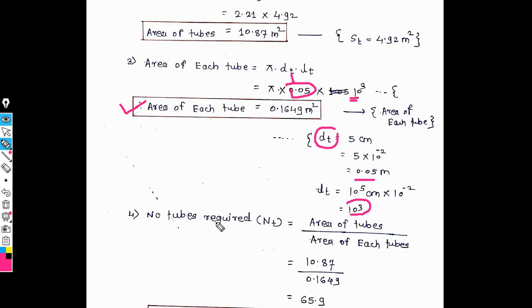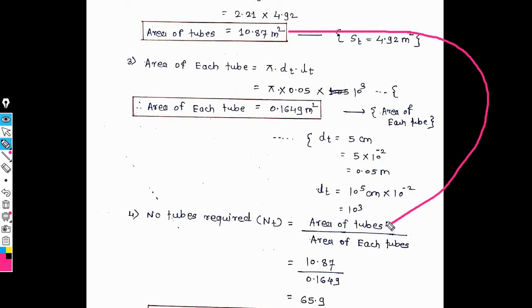Then calculate the number of tubes. The number of tubes required, Nt, is equal to the area of tubes upon the area of each tube. The area of tubes is 10.87 meter square, put here, and the area of each tube is 0.1649 meter square.